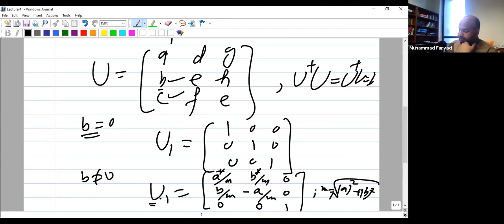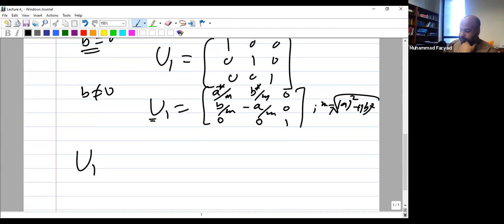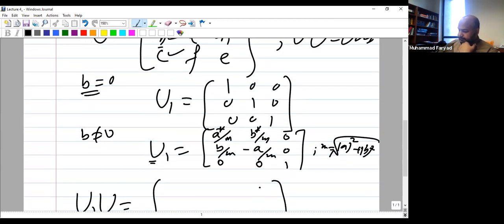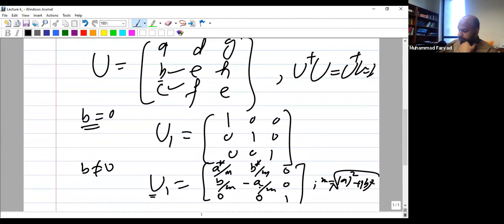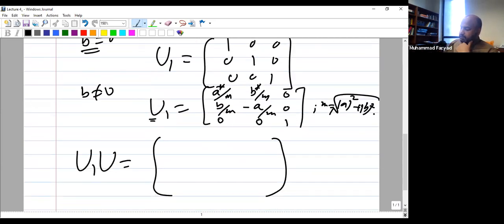Now this is a matrix that when you multiply this U1 with U, we'll get something like this. So A star A plus B star B plus 0. A star A is A mod square, B star B is B mod square, divided by the square root of A mod square plus B mod square.